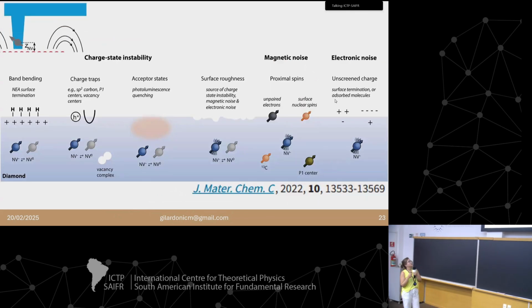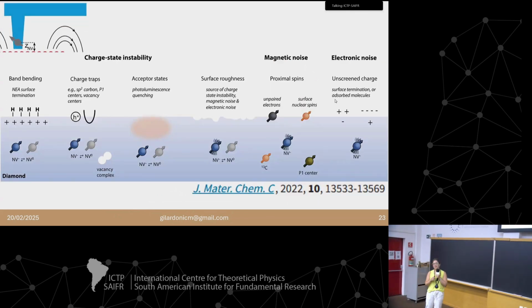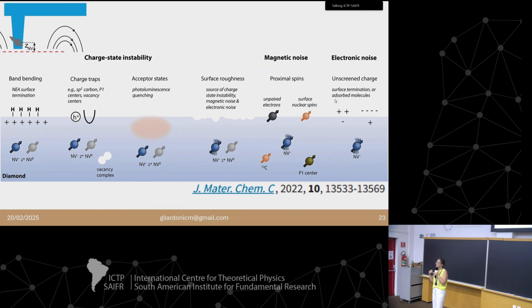The other challenge is that diamond is an inherently hard material to work with. And I don't mean this as a pun, but it's really hard, and its surfaces are unterminated. That means that the surface of diamond is really unstable. It wants to make bonds to the environment. And what that means is that you have different sources of noise in the surface that degrade the operation of your sensor.